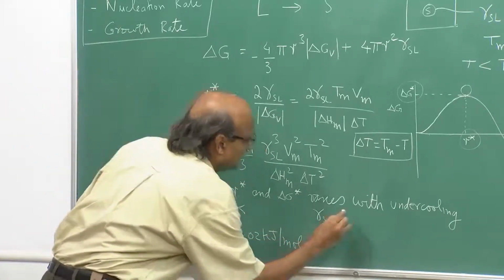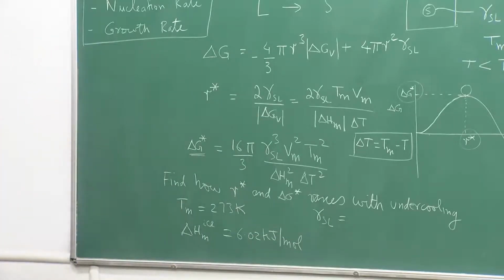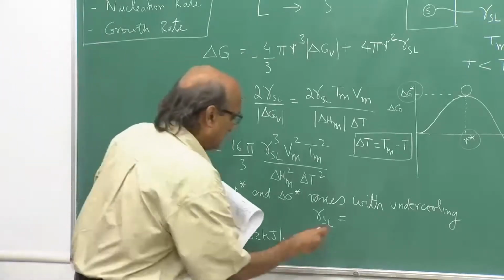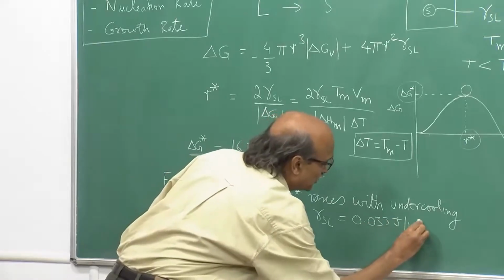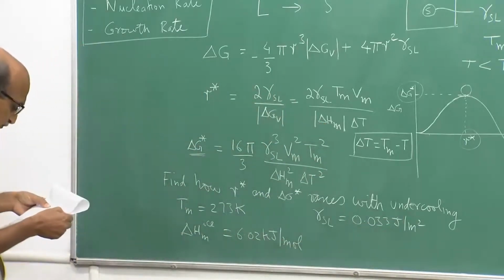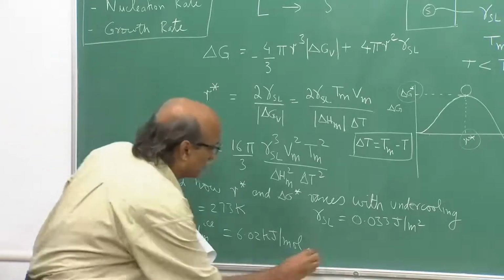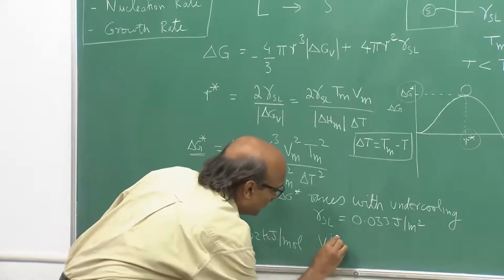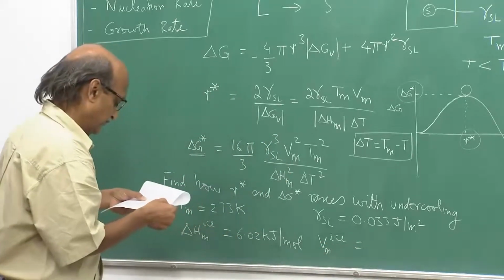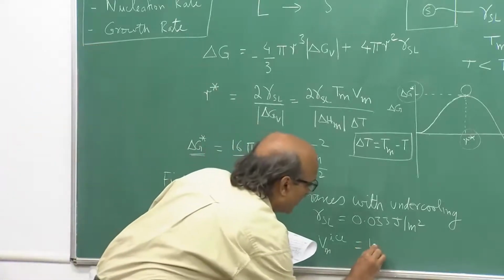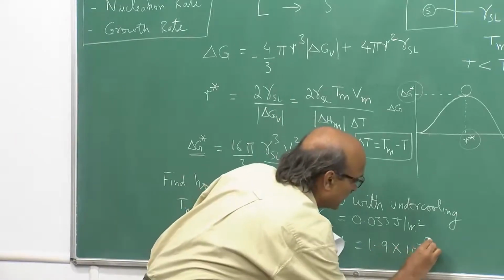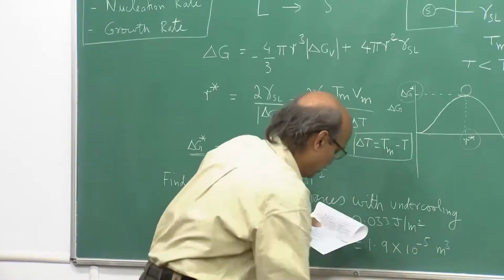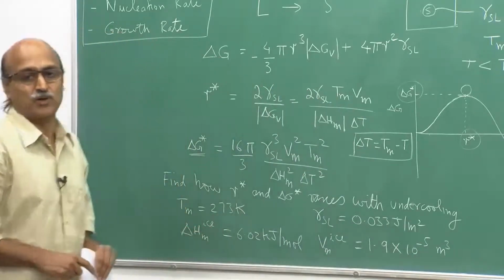Gamma SL, the interfacial energy of the solid liquid interface, is 0.033 joules per meter square, and the molar volume of ice is 1.9 into 10 to the power minus 5 meter cube per mole.